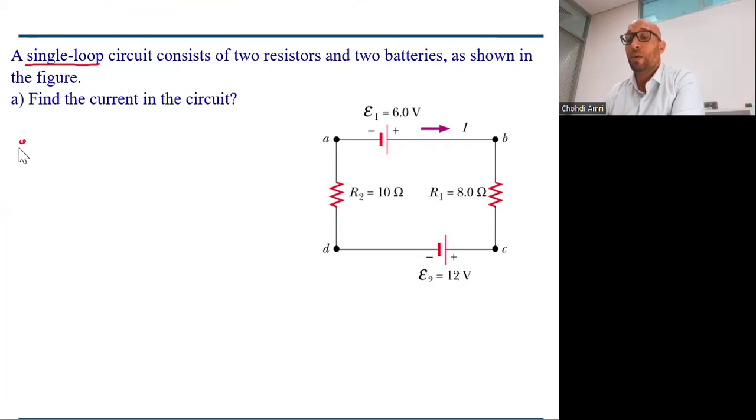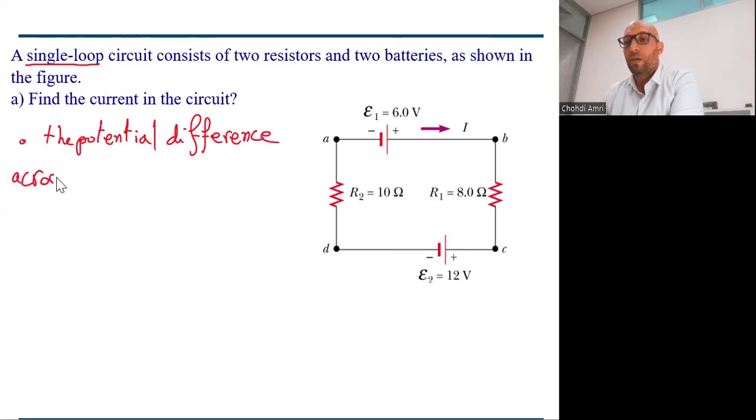In the loop rule, at first, we have to draw the circuit diagram. To draw the circuit diagram, we have to follow these two important points. The potential difference across the battery is from negative to positive.